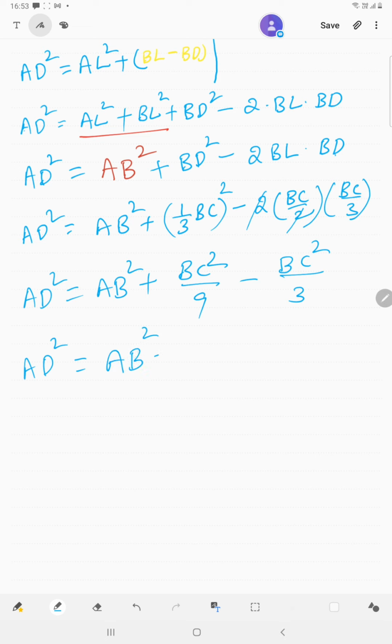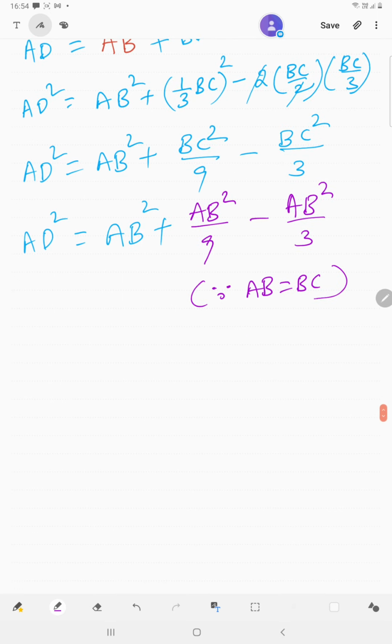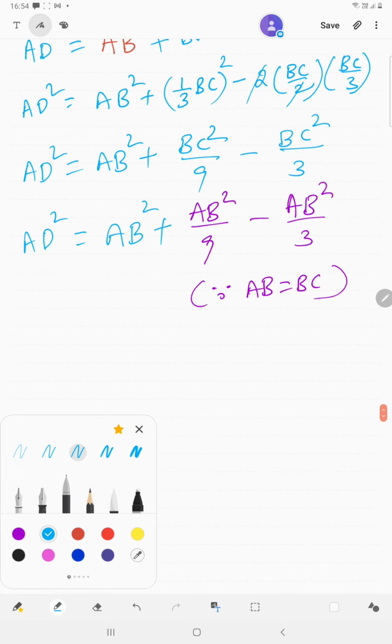So, AB square plus this is also AB square and this is also AB square, since AB is equal to BC. Completed.